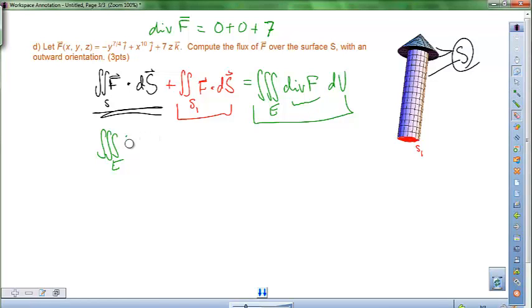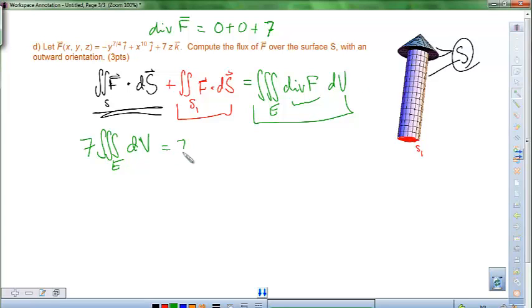So that 7 is a constant. I can go outside, and so we're just simply looking for the volume of these things.